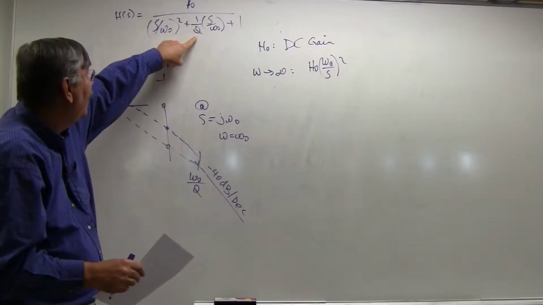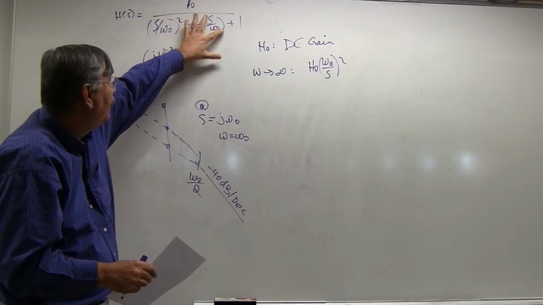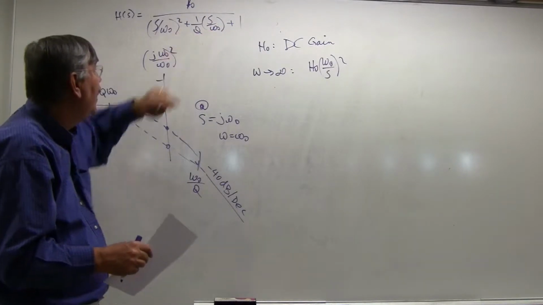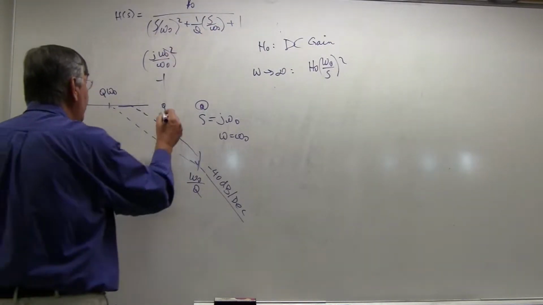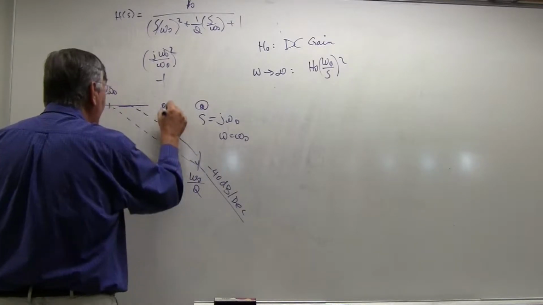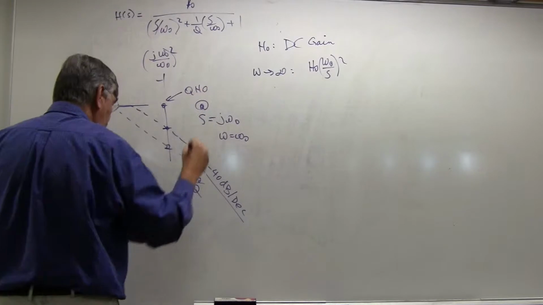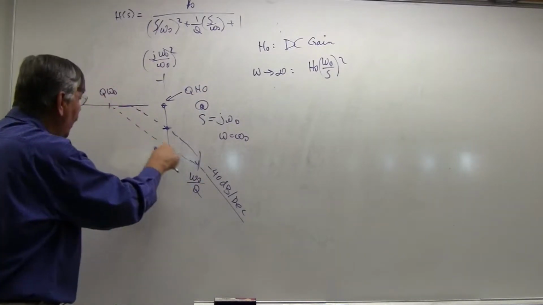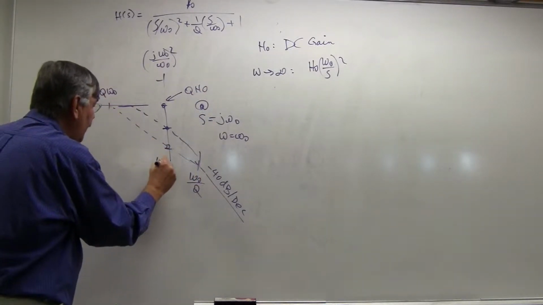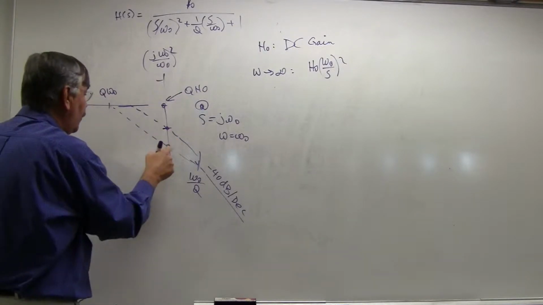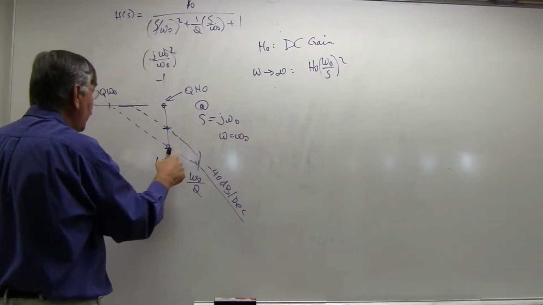The term in parentheses has a magnitude of 1, and we get a magnitude of Q times H0. So at whatever value of Q we have, the gain at this point is Q times H0. If Q is real small, we'll have something at omega naught which is Q times H0.